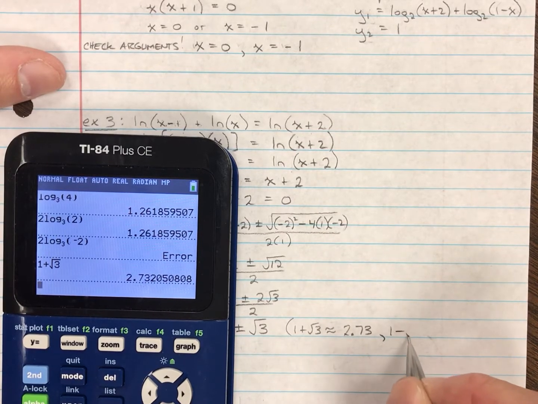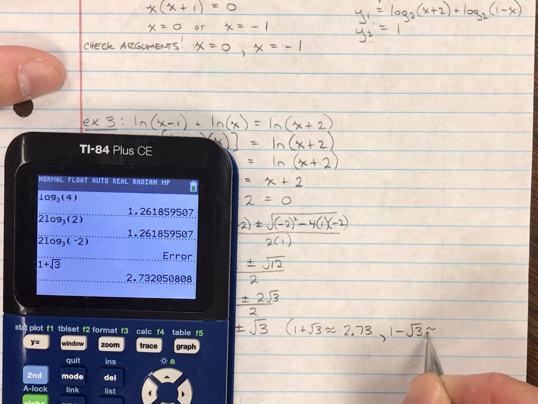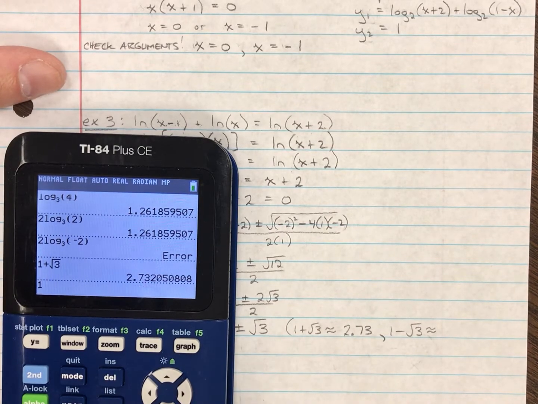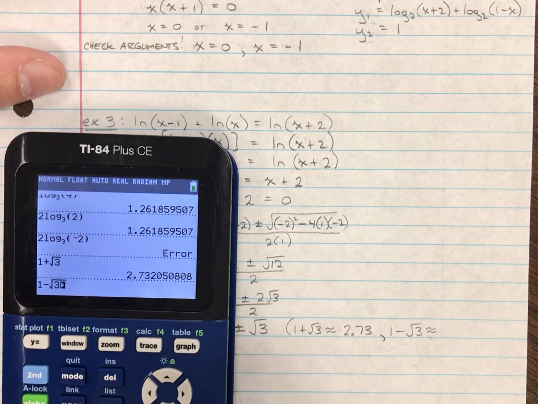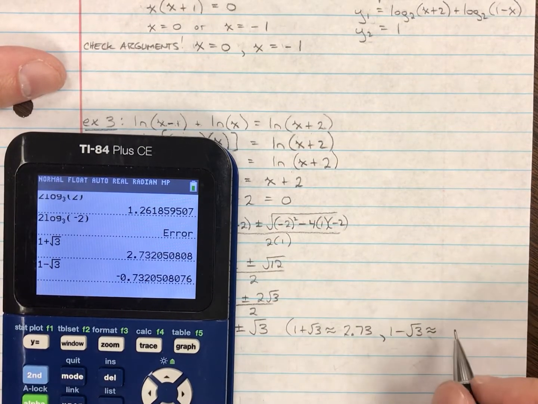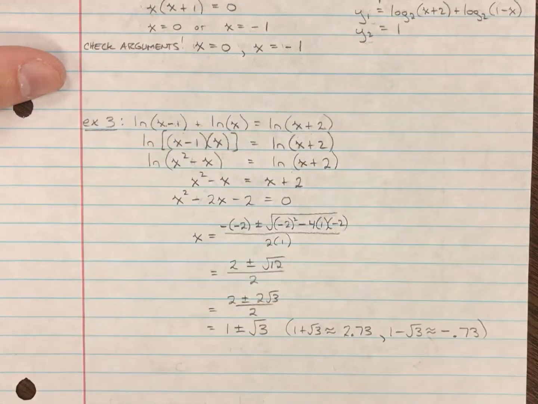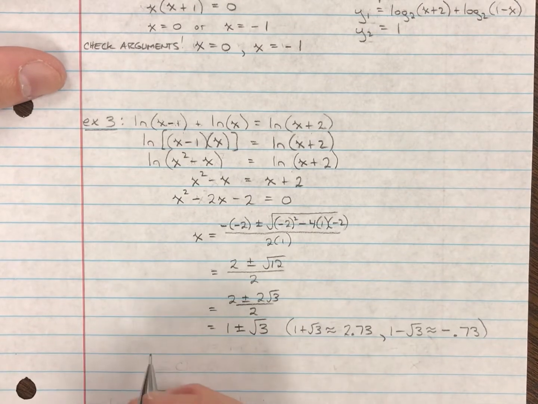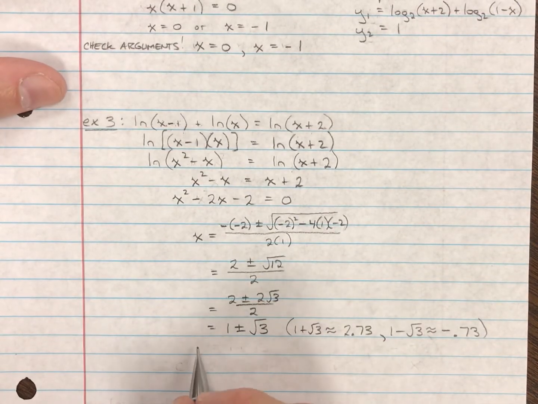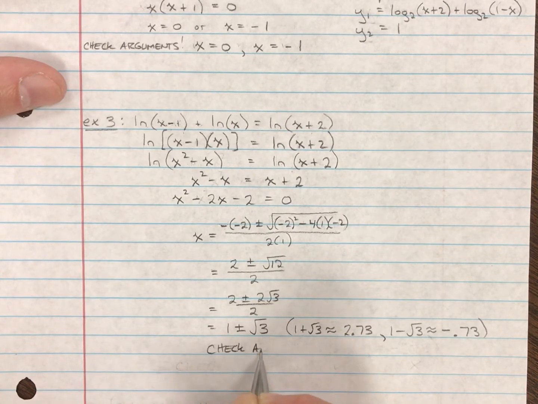And 1 minus the square root of 3 is approximately negative 0.73. All right, we want to check my arguments. Okay, so I'm going to do here, check arguments.